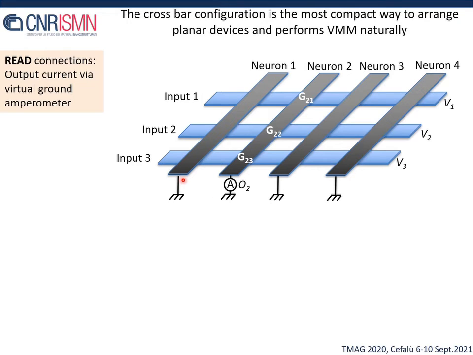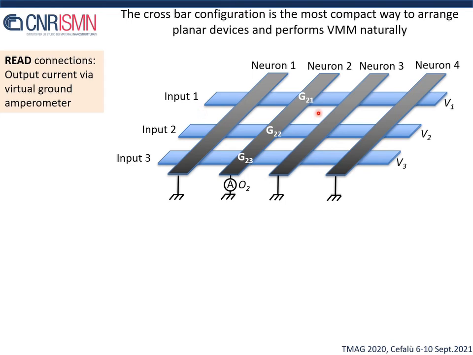Here, for example, the output O2 of neuron 2 is measured by an amperometer at the same time as the input voltage is applied. So by applying the input voltages and by reading the output current, we have effectively performed the vector by matrix multiplication, where the matrix is the matrix of the synaptic weights, that is, of the conductances of the devices.